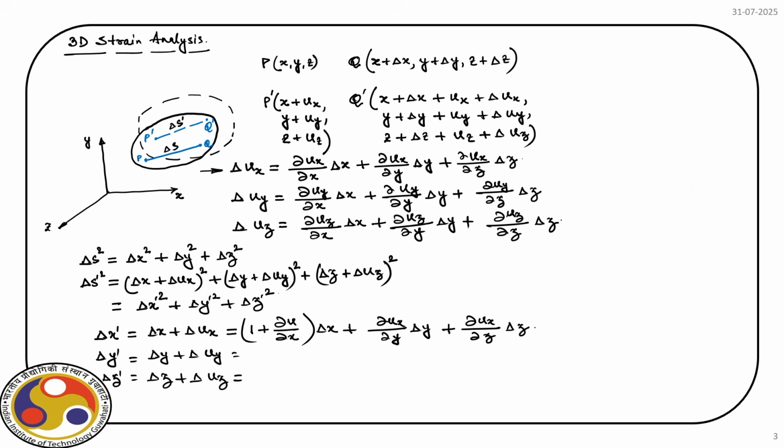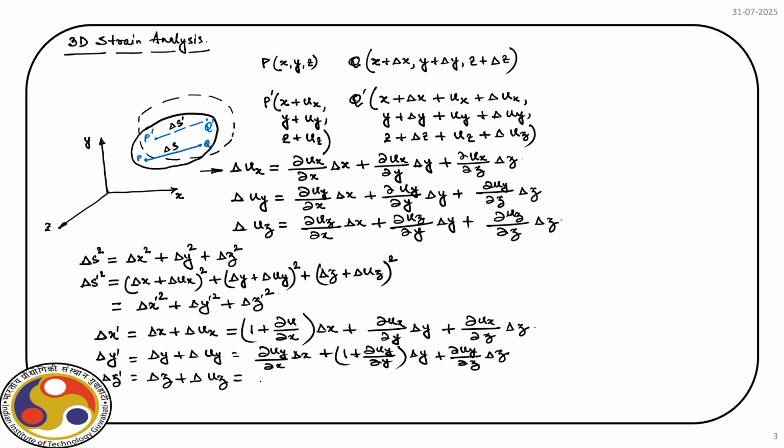Okay. So, let us just complete the exercise. So, we have here delta uy differentiated with respect to x, delta x, plus 1 plus uy differentiated with respect to y times delta y, plus uy differentiated with respect to z times delta z.